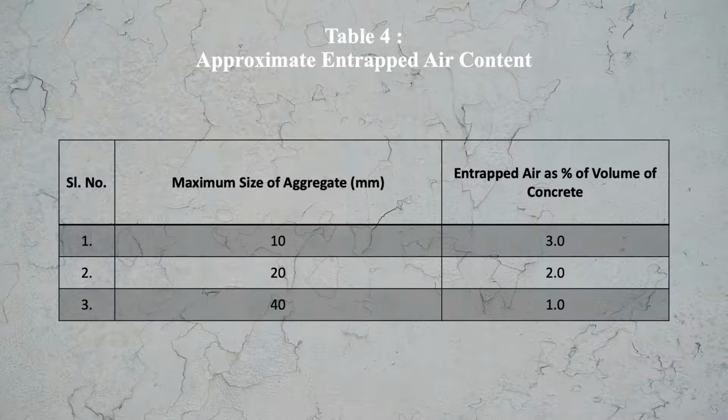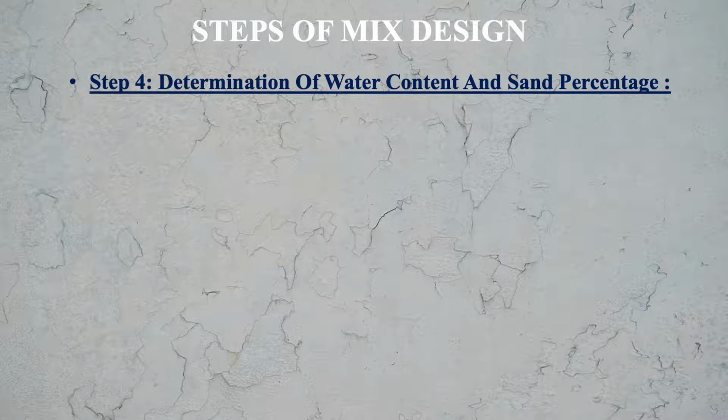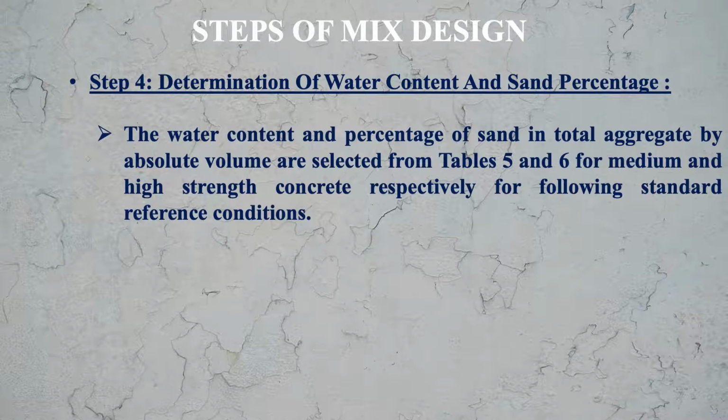Now the next step is step 4, determination of water content and sand percentage. The water content and percentage of sand in total aggregate by absolute volume are selected from table 5 and 6 for medium and high strength concrete respectively. Means table 5 is for medium strength concrete and table 6 is for high strength concrete, for the following standard reference conditions.